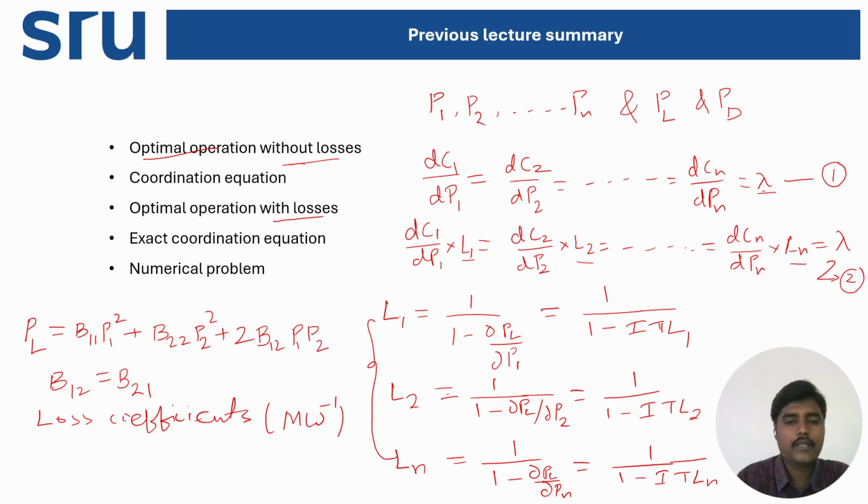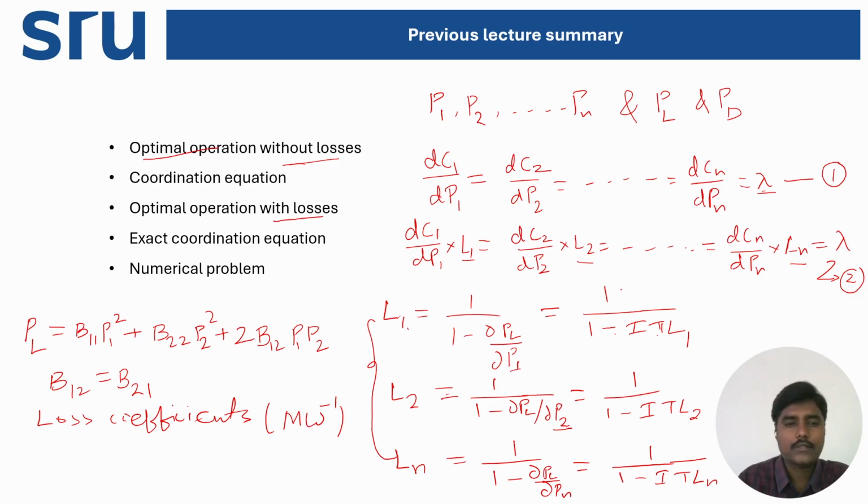In a simple manner, penalty factor is equal to 1 by 1 minus the incremental transmission loss of that particular unit. And this incremental transmission loss is given by the derivative of transmission loss with respect to that particular unit's power output. If you want to find the incremental transmission loss for unit 1, then you have to differentiate with respect to P1. And for unit 2, you differentiate with respect to the power output of unit 2, that is P2.